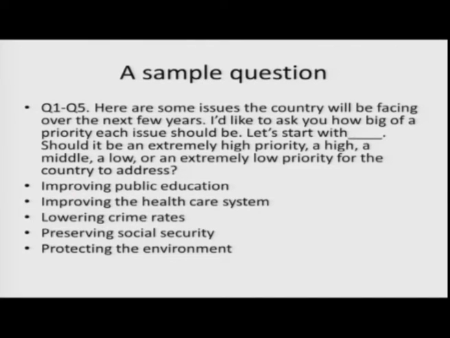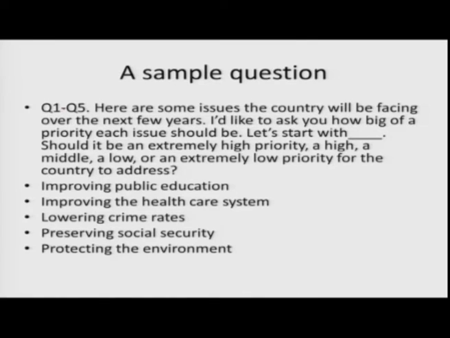You saw here there was a blank. This was filled with these issues: improving public education, improving the healthcare system, lowering crime rates, preserving social security, protecting the environment. There are 5 issues, so they become 5 questions.